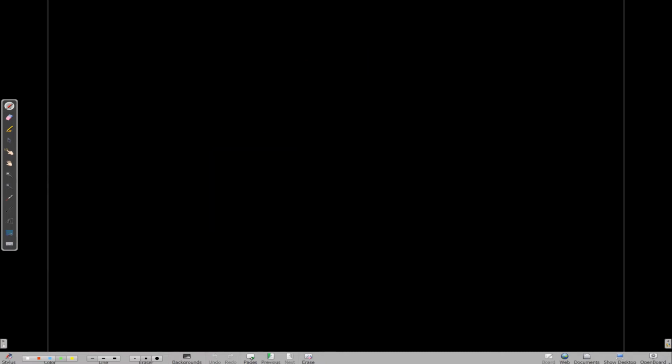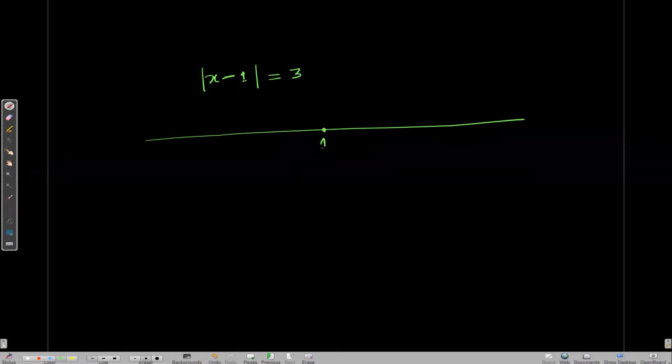Next, let's see another way, like, let's say absolute value of x minus 1 equals 3. Now when I say this, there is a geometric meaning. For example, x minus 1, this number 1, forget about the minus sign, let's say right here 1, and then 3.